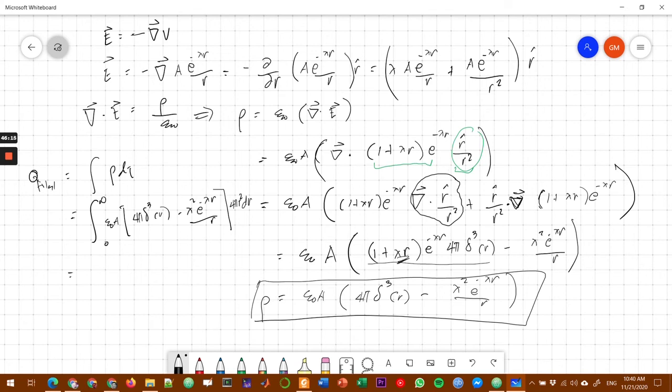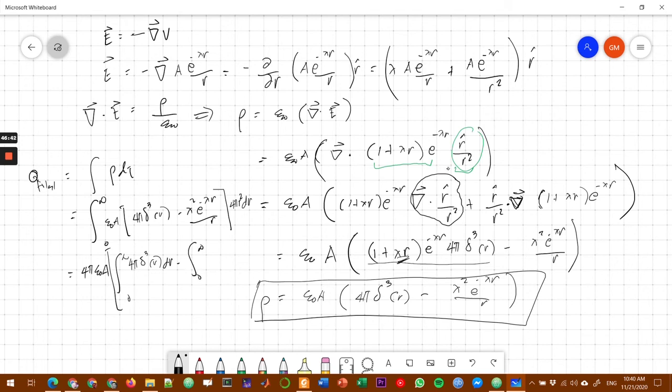If you integrate that one, you get 4 pi epsilon naught a, and then from 0 to infinity, we have 4 pi the Dirac delta function dr minus this one, which we separate.